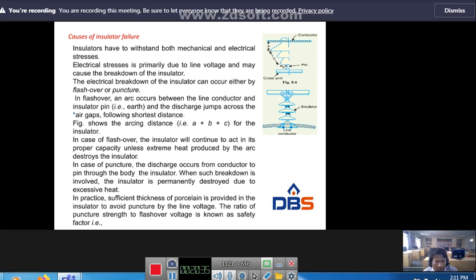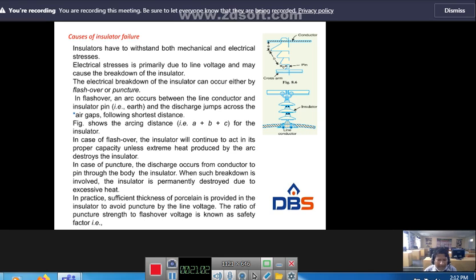In case of flashover, the insulator will continue to act in its proper capacity unless extreme heat produced by the arc destroys the insulator. In case of puncture voltage, the discharge occurs from the conductor to the pin through the body. When such a breakdown is involved, the insulator is permanently destroyed due to excessive heat.